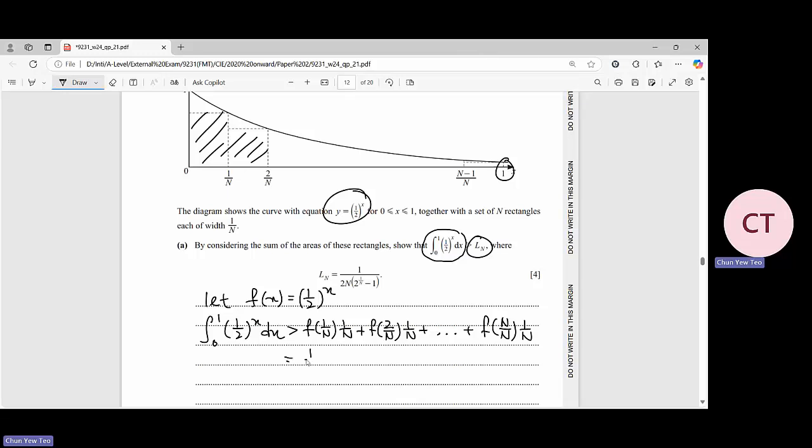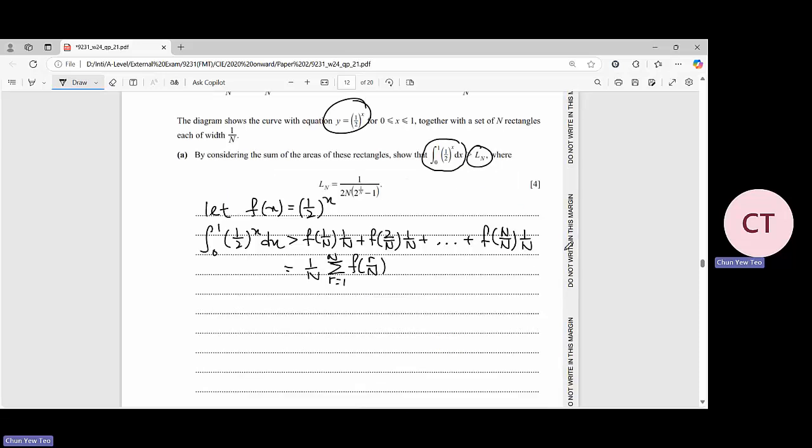And this will be the same as 1 over n. You can write them in a sigma notation, r from 1, f of r over n, something like that.